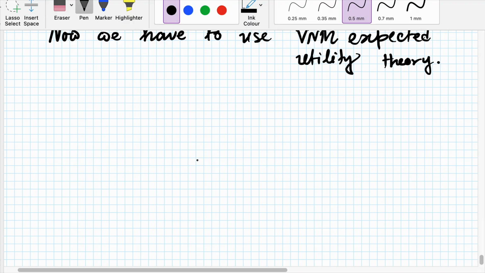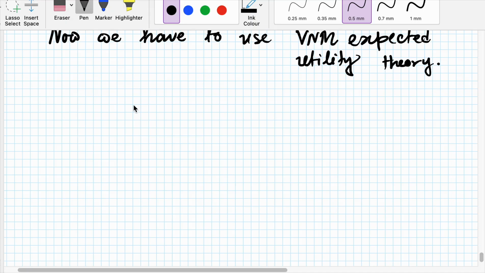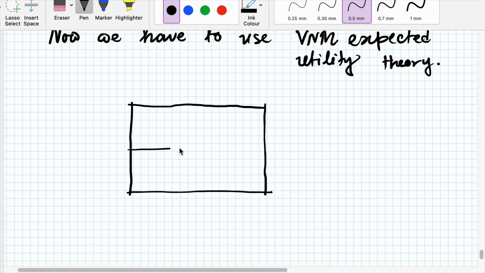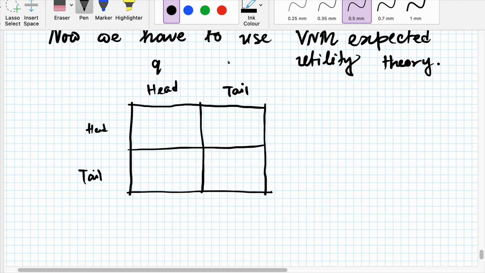Suppose this is a game. Now with probability q, 1 minus q, player 2 is playing head, tail.